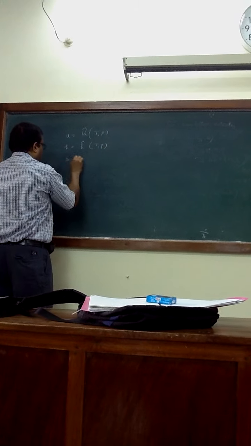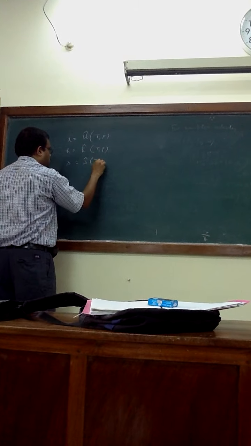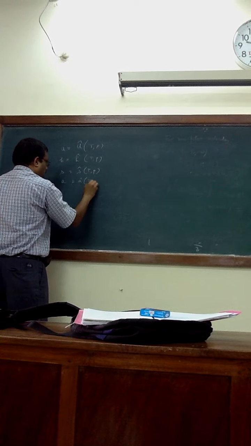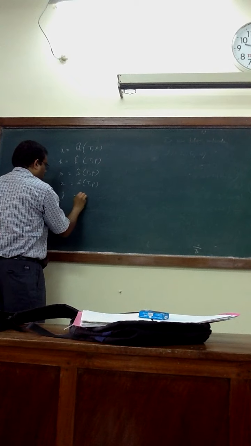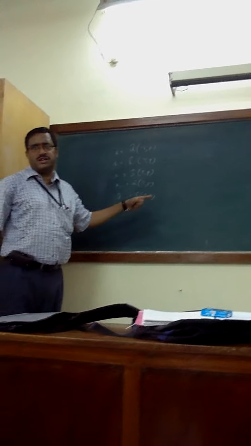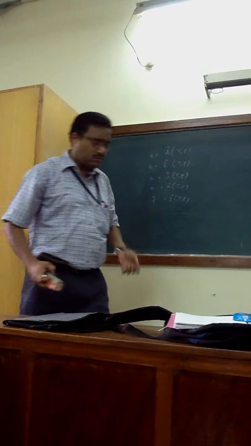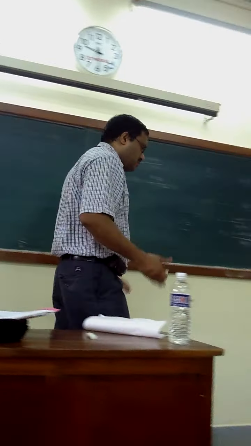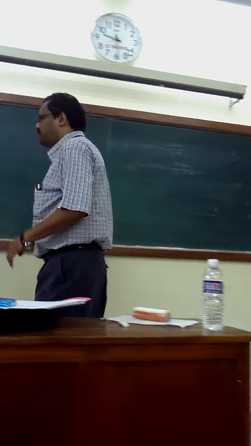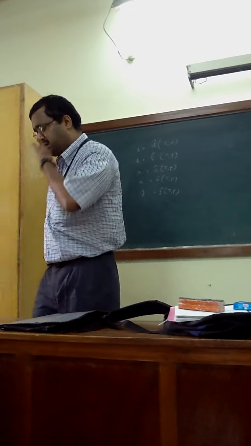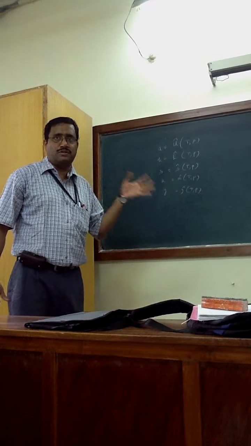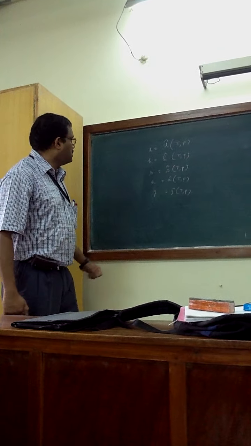Then entropy is also possible to write like this, then A also you can write like this, and G also you can write like this. Similarly, we can write in T and V. If you want to fix T and V, both are independent variables, it is possible to have internal energy, enthalpy, entropy and other properties as a function of T and V. Right? So these are beautiful parameters.